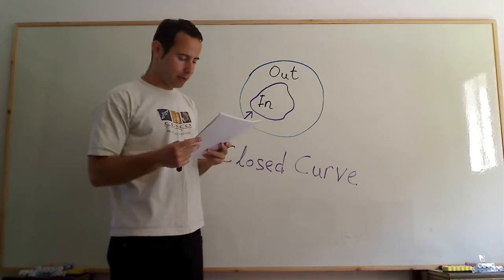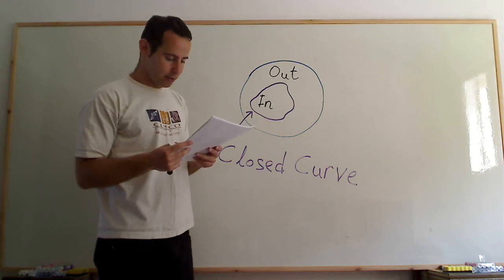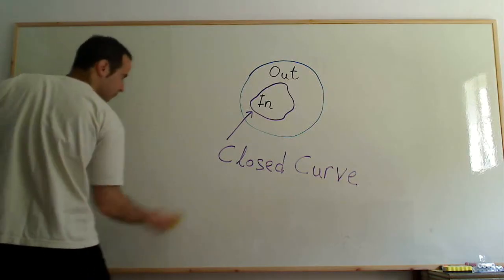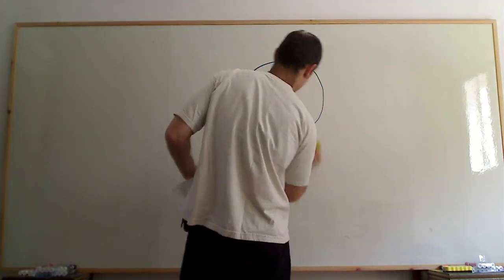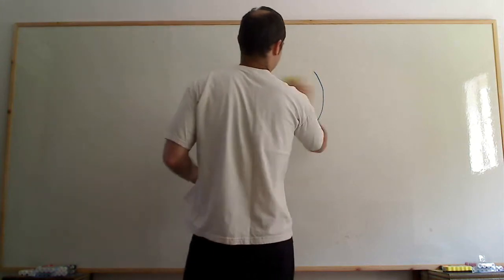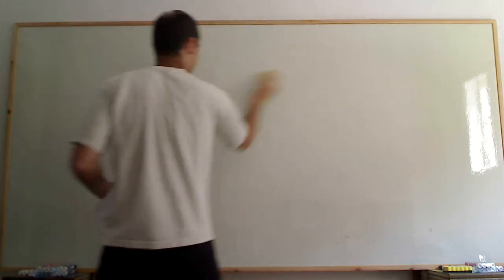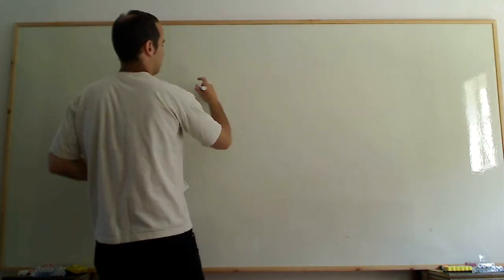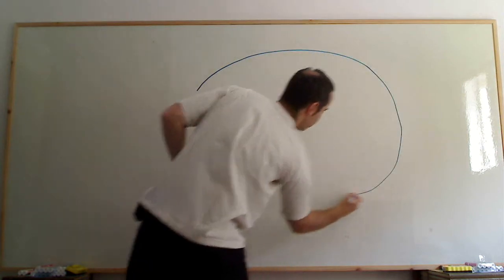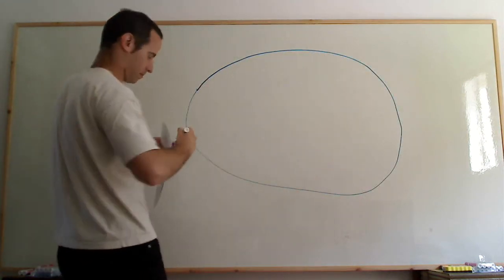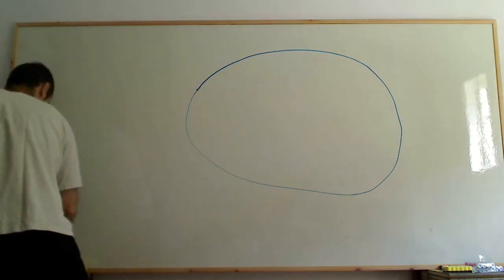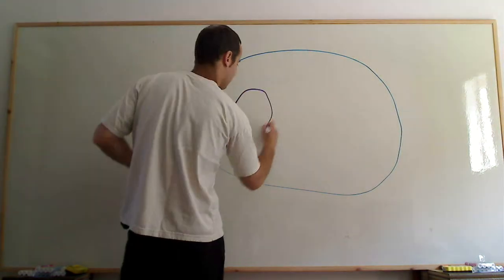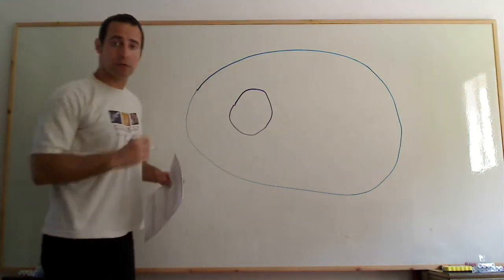Okay, now if we draw another line, let's say we have our simply connected shape, and we draw one closed curve. And then we want to draw another closed curve.